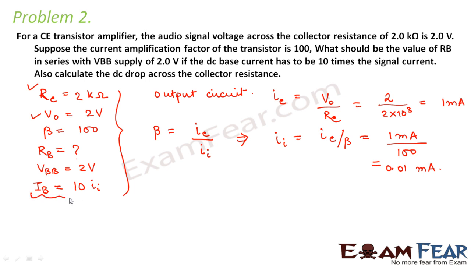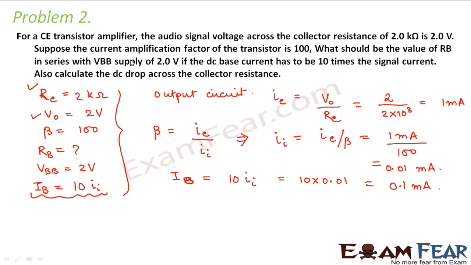Now using this relation I can calculate the base current. So the base current will be equal to 10 times the input signal current, that is 10 into 0.01 milliamperes, which is 0.1 milliamperes. This will be my DC base current.